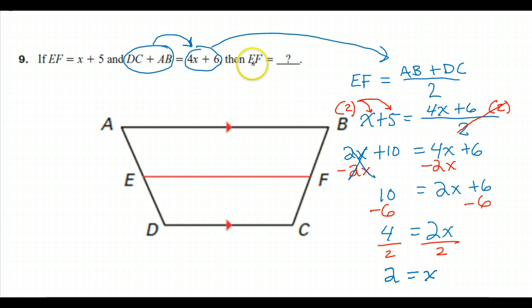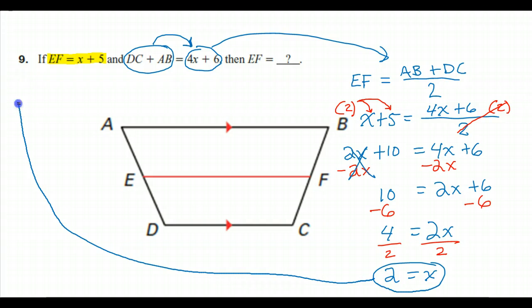Now, we're not supposed to simply find x. That is not the answer to the question. I've done most of the work, but we're supposed to find EF. Going back to the beginning though, EF is equal to x plus 5. Do you see that? But now we know what x is. So I could take this x and plug it in right there.